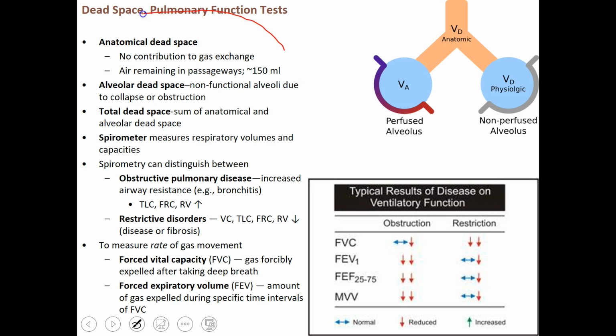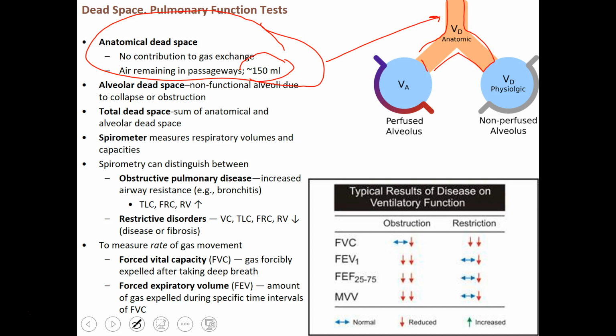Dead space. Anatomical dead space represents the volume of the respiratory passages. Essentially, air that stays in the bronchi, trachea, bronchioles, pharynx, larynx does not contribute to gas exchange. It's about 150 milliliters. That's why it's called dead space. Shown here, it's the beige respiratory passages.